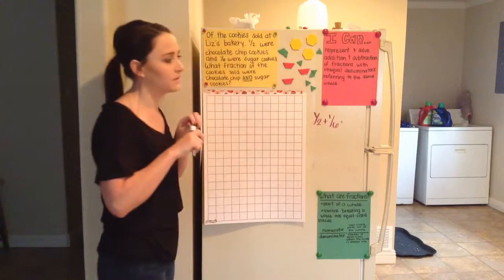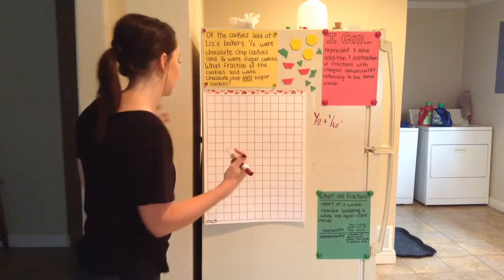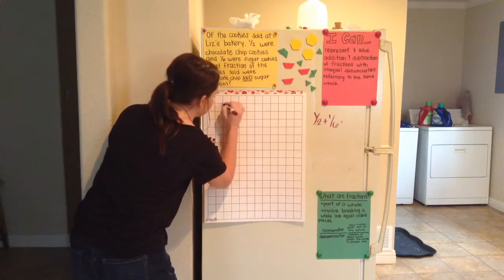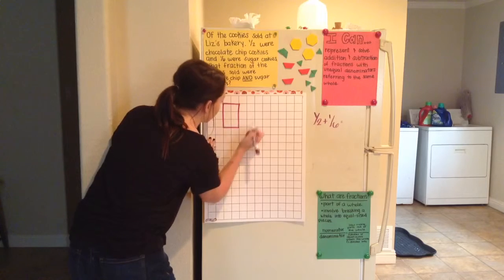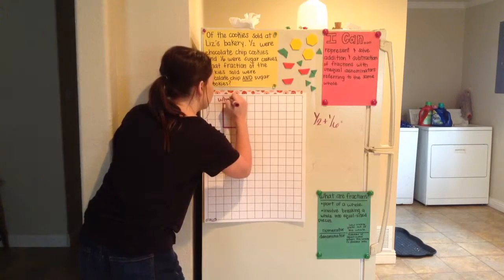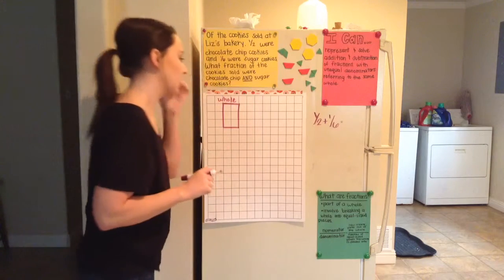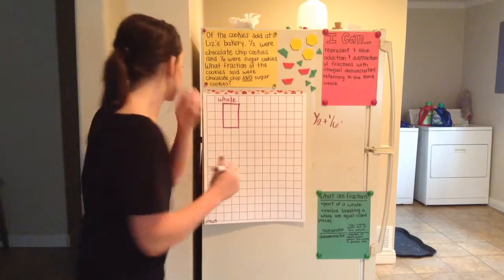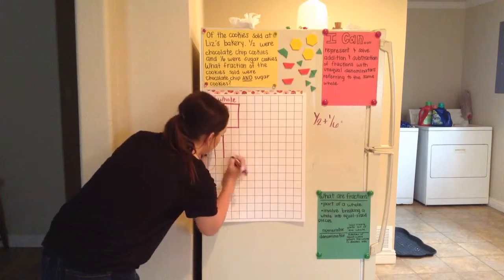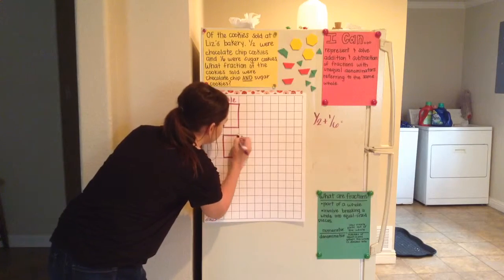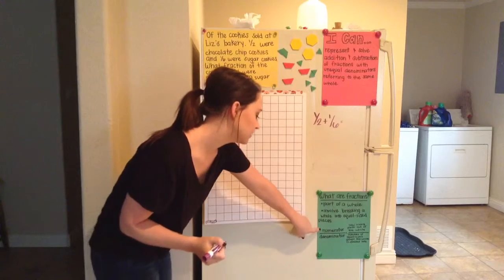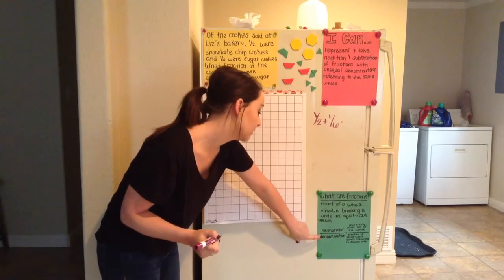Alright, so again with this method you need to decide what your whole is going to be. So I'm going to draw a little rectangle here to represent our whole, right up here on top so we know exactly what it looks like. And now we're going to draw our 1/2. So let's draw the same little rectangle here. This is our whole. And we need to look at our numerator and denominator.